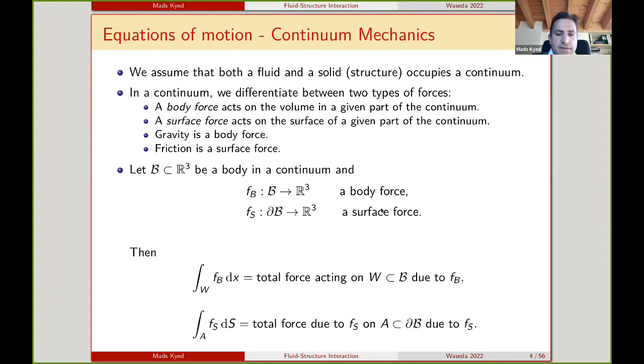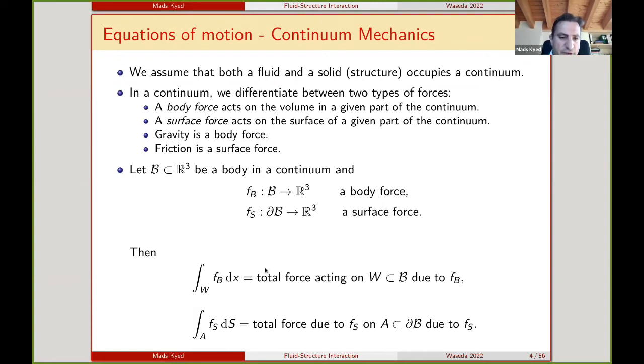Okay, so when we have a body in a three-dimensional continuum, if we have a body force and a surface force, well, the body force and the surface forces are point forces.